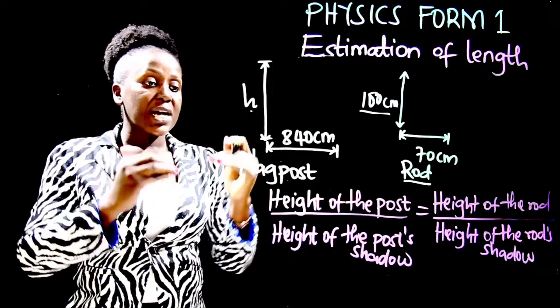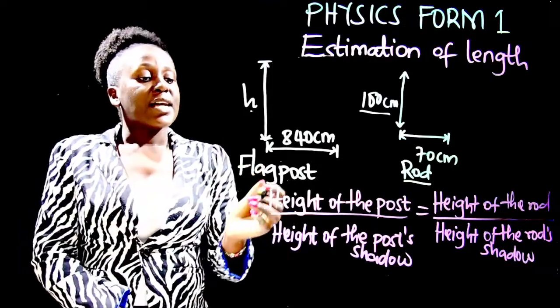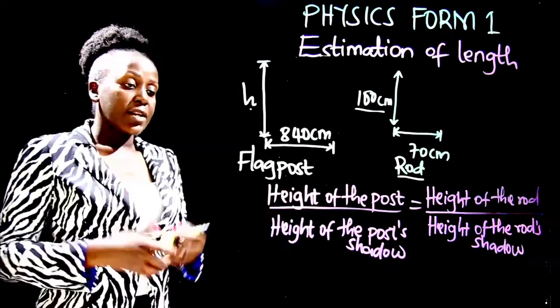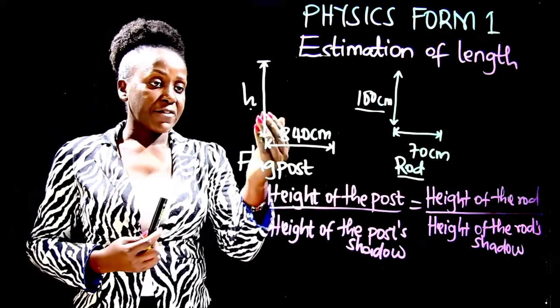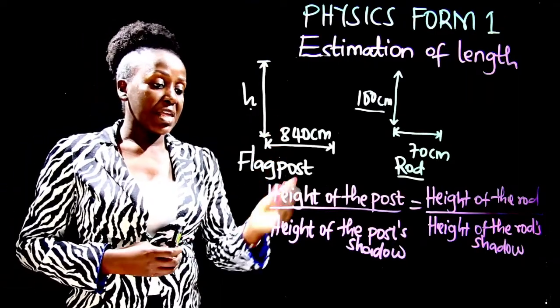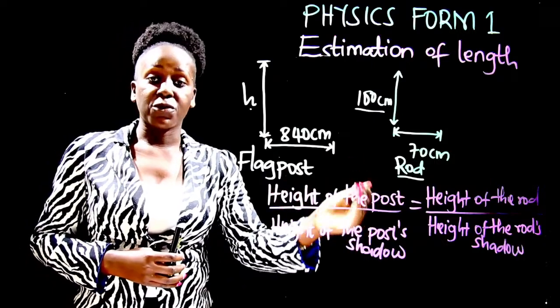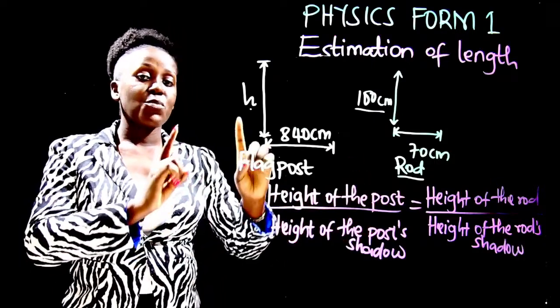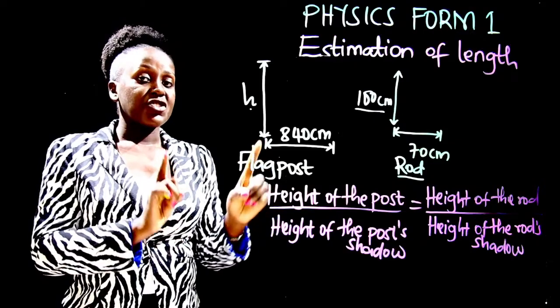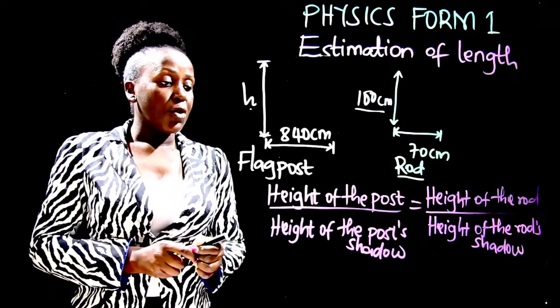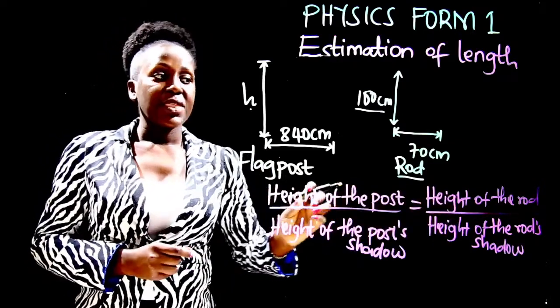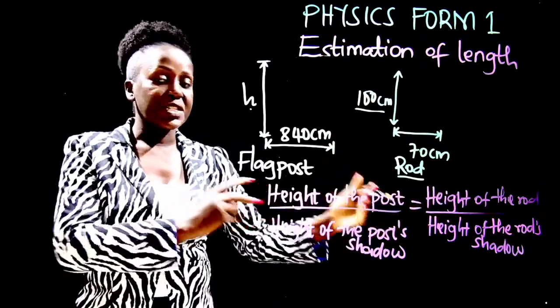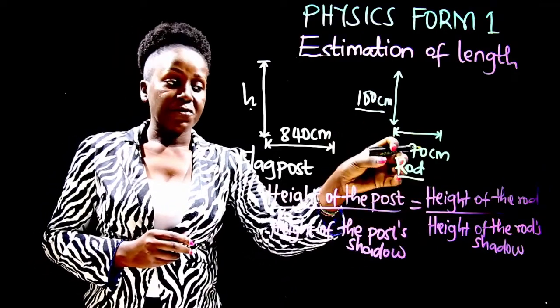So we are going to make a ratio starting with the flag post. Taking the height of the flag post, divided by the height of the shadow of the flag post, we form one ratio. But that ratio must be equal to the ratio formed using the information of the rod.